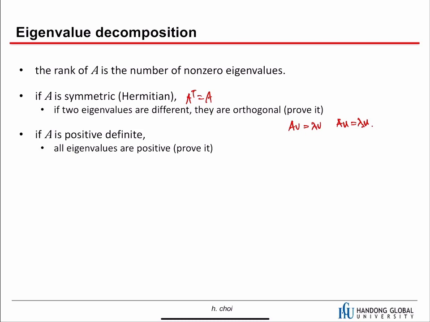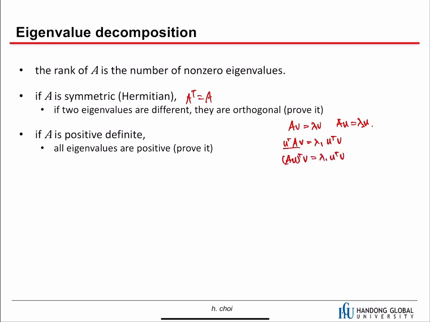Okay, then we can multiply U transpose A V is lambda 1 U transpose V. And since A is symmetric, this one is actually (A U) transpose.